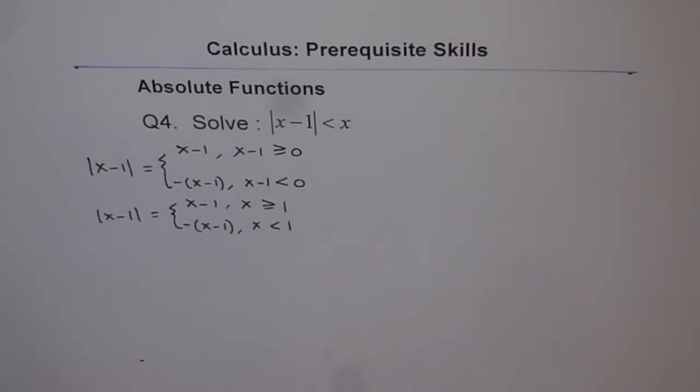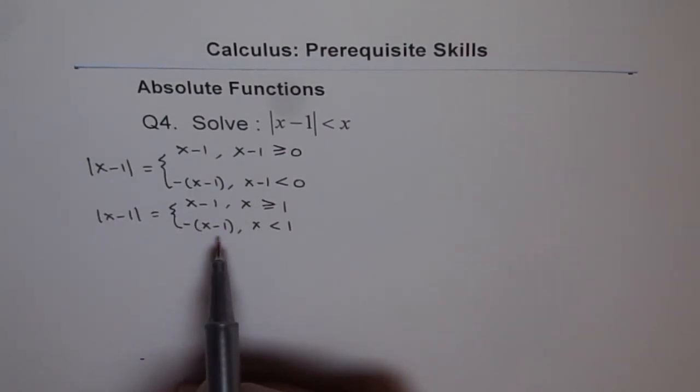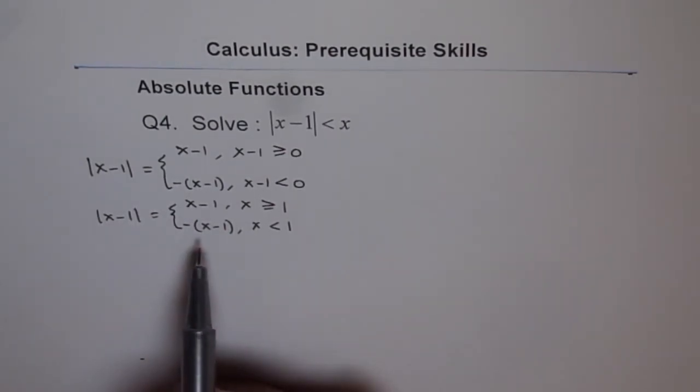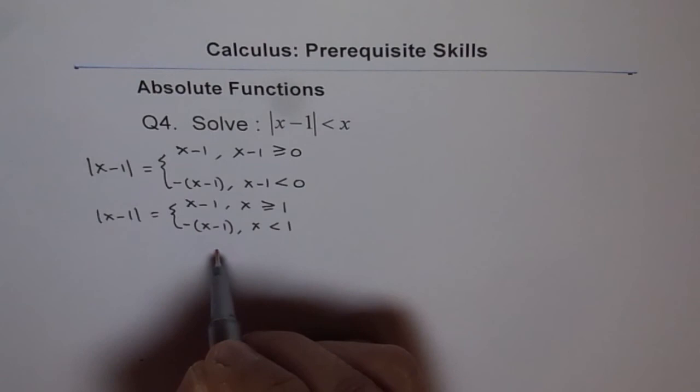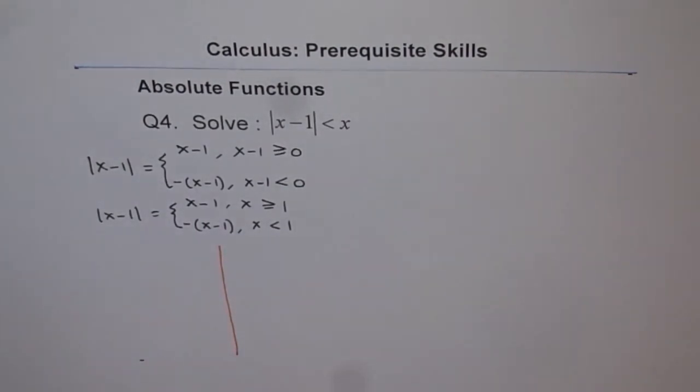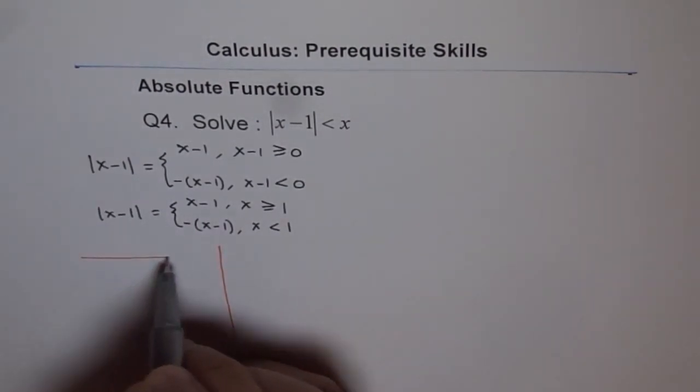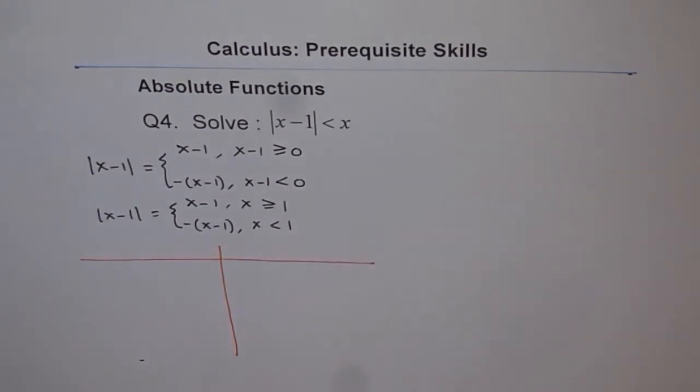Whenever you're doing inequalities involving absolute functions, you have to split the function. An absolute function is a piecewise function, so you have to take care of each piece separately.